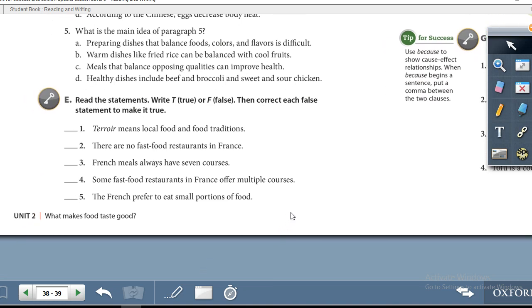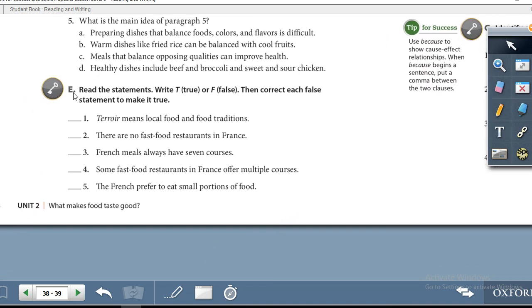Let us move on to exercise E. Read the statements, write T for true or F for false, then correct each false statement to make it true. Right, this is also quite an easy exercise. All you have to do, if you feel number 1 is true, you will write the letter T next to number 1.